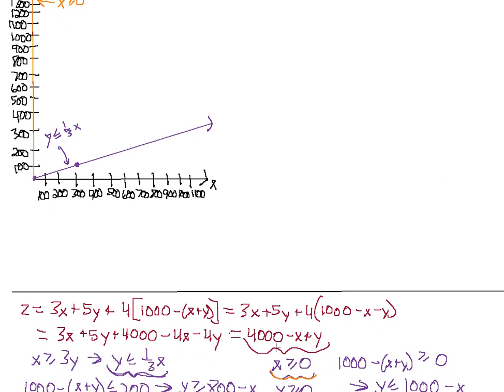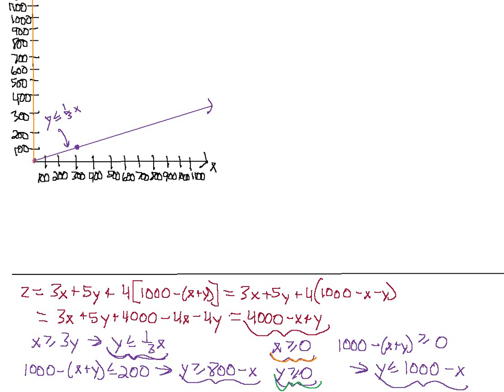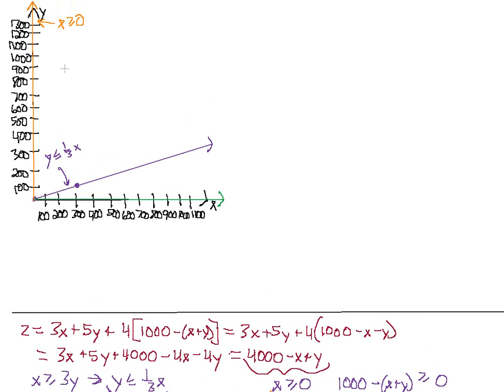All right, let's go ahead and draw our next constraint. Our next constraint is going to be y is greater than or equal to 0. Y is greater than or equal to 0 is going to give us a horizontal line that's superimposed on the x-axis. It's going to be right there. It's going to continue infinitely in this direction, and this makes sense because these two constraints, which are extremely important, tell us that all of our values are going to be in quadrant 1.